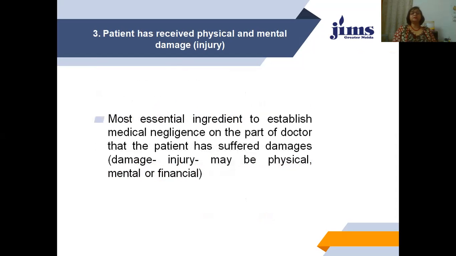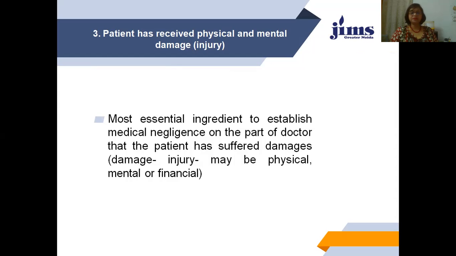Now, the third ingredient to constitute medical negligence: the breach of duty was the proximate cause of injury which was reasonably foreseeable. This is the third and most essential ingredient to establish medical negligence on the part of the doctor, that the patient has suffered damage known as an injury, although the damage may be physical, mental, or financial.